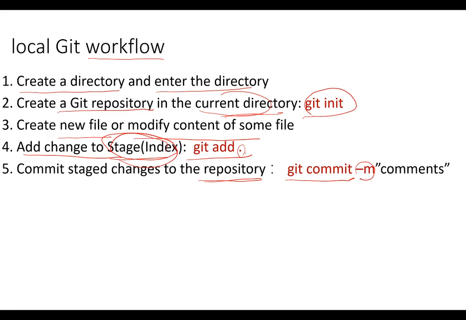With this option, you can give some comments, such as you added a new file. This is a hint for when you later want to check the meaning of the commit, you can see the comments attached to the commit.